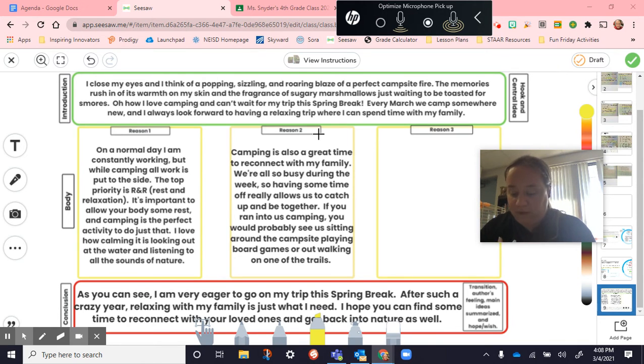For example, my first reason, my second reason, that's what you're doing, but you can use transitions and say it in a way that's not going to be just like everybody else's. So we're looking for more unique responses.